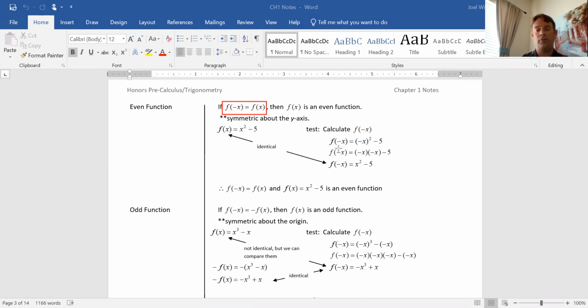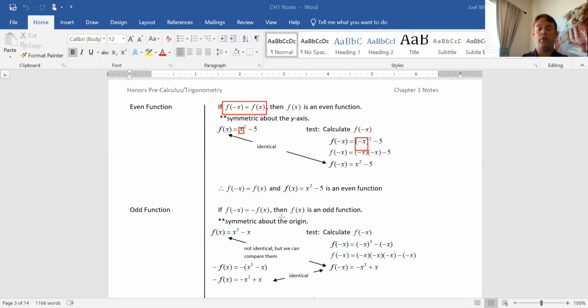So here's my f of x. Every place where I see an x, we change it to a negative x. So negative x squared. Notice how negative times a negative is still positive. If you look here, these were identical to each other. And since they're identical, that means that this function, x squared minus 5, would have been an even function.